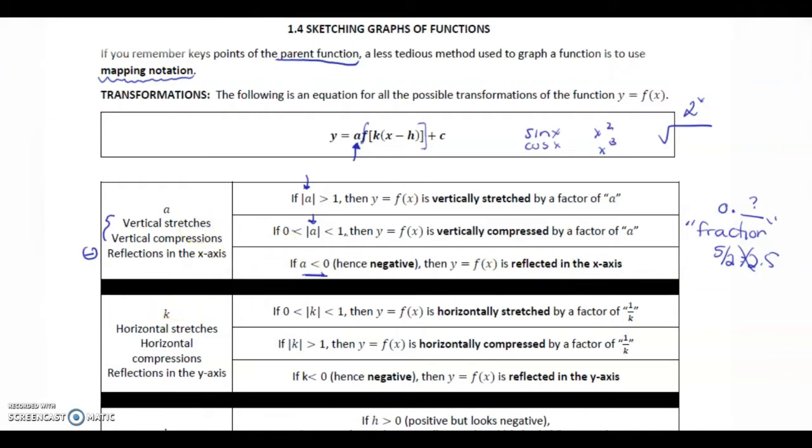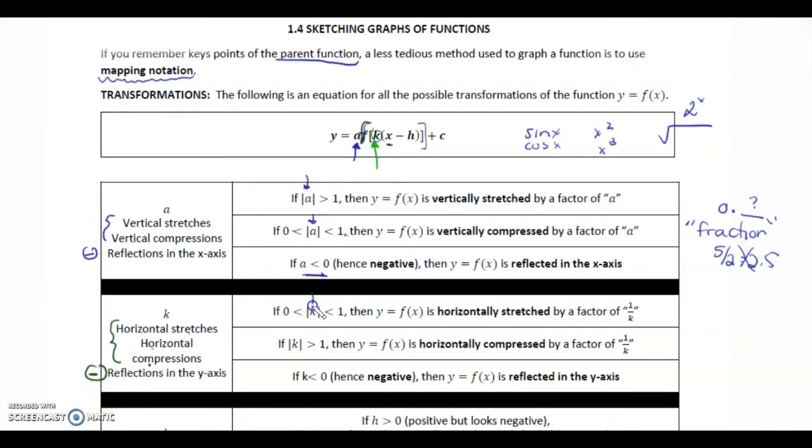Next one, k. So if inside of the function we have a number beside x, that's going to be one or two of the following three things. It's going to be either a horizontal stretch or horizontal compression, and also, if it's negative, a reflection in the y-axis.